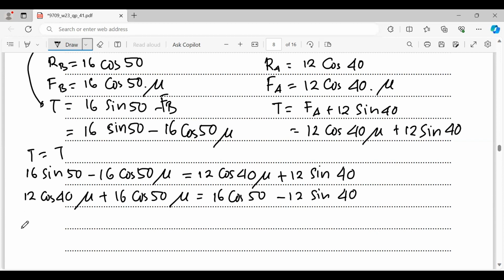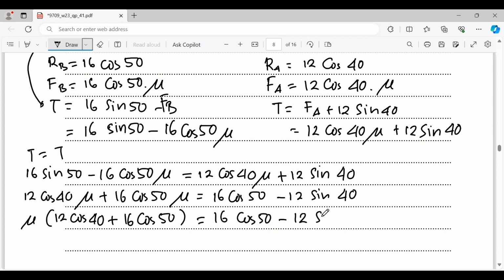Factorize: mu times (12 cosine 40 plus 16 cosine 50) equals 16 sine 50 minus 12 sine 40.